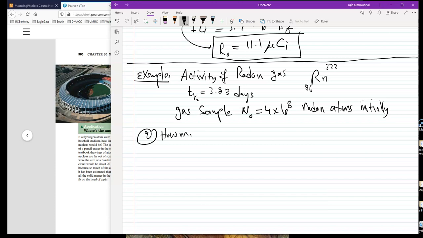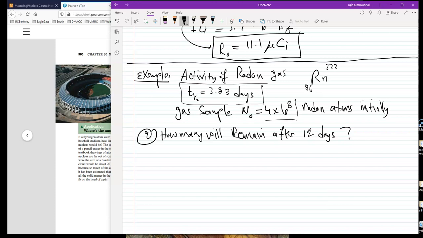Given the half-life and the starting number, those are the information that is given to us.